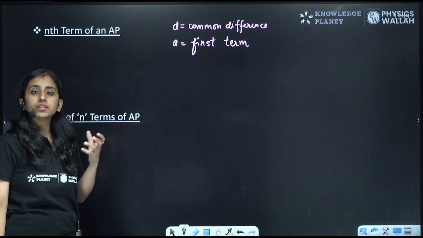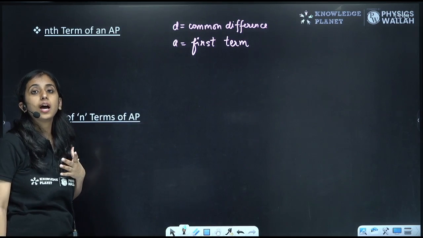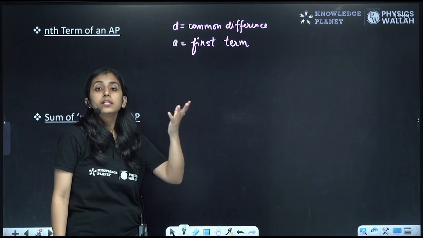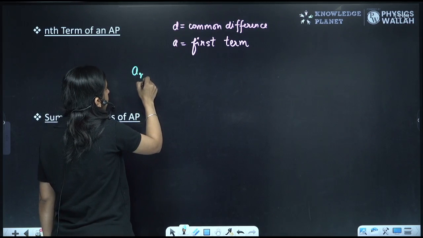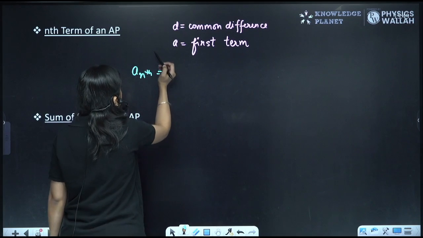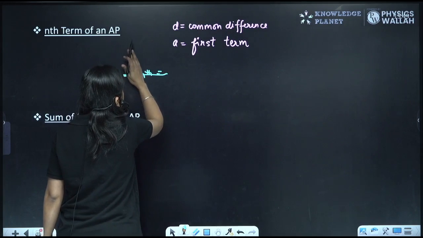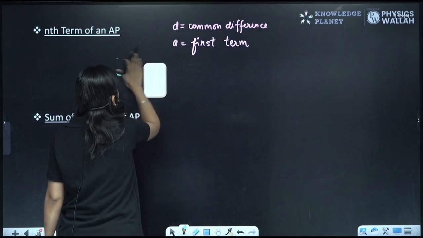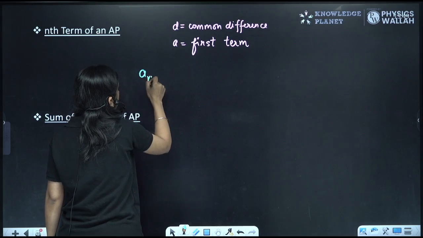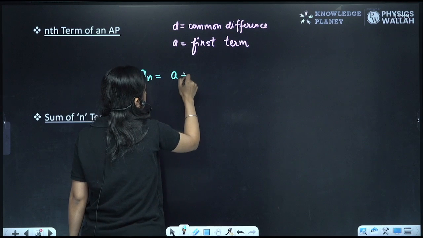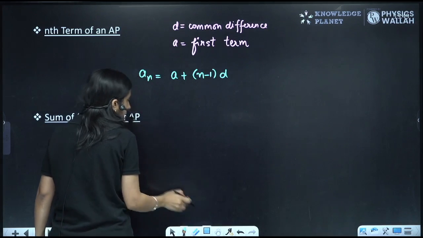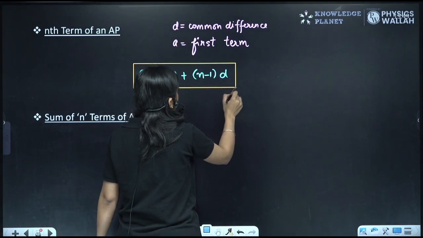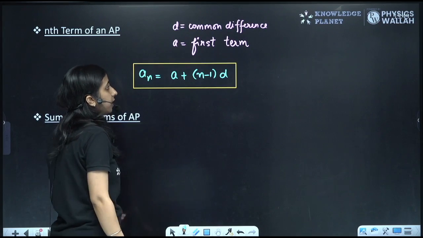If I am given the first term and the common difference, and I ask you to find the 60th term of this arithmetic progression, then an will be equal to a plus n minus 1 into d. This is the formula of the nth term: a plus n minus 1 into d.